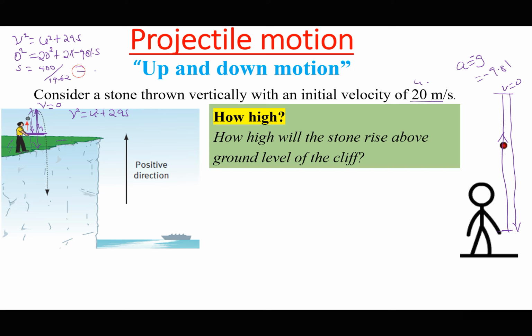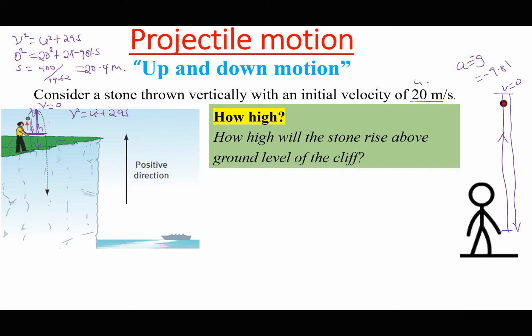So when I press my calculator, 400 divided by 19.62 is 20.4 meters. So from the point of projection to the highest point is 20.4 meters.